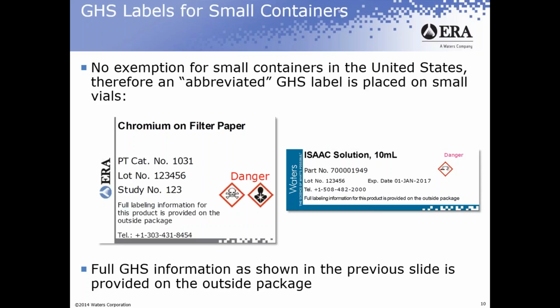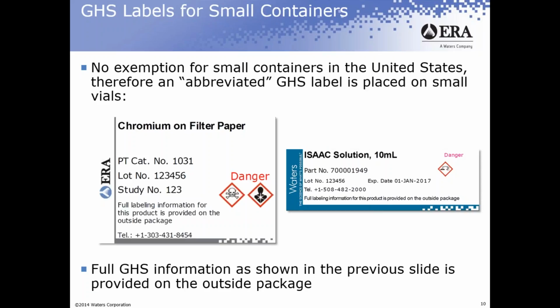United States OSHA states that you must put a label with appropriate information on the small vial, and there is a limited amount. So it's the name, the part number, a statement that says the full labeling information for this product is provided on the outside package, a telephone number of the manufacturer, and then the pictograms and the signal word. And here are two examples here.